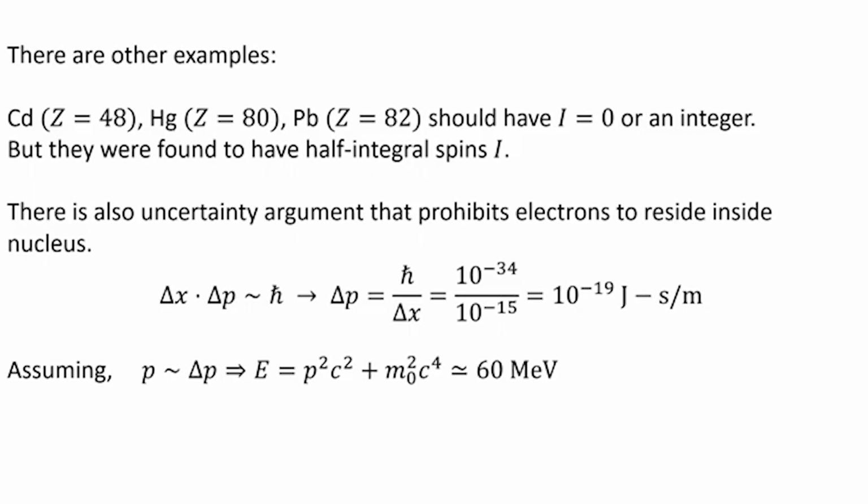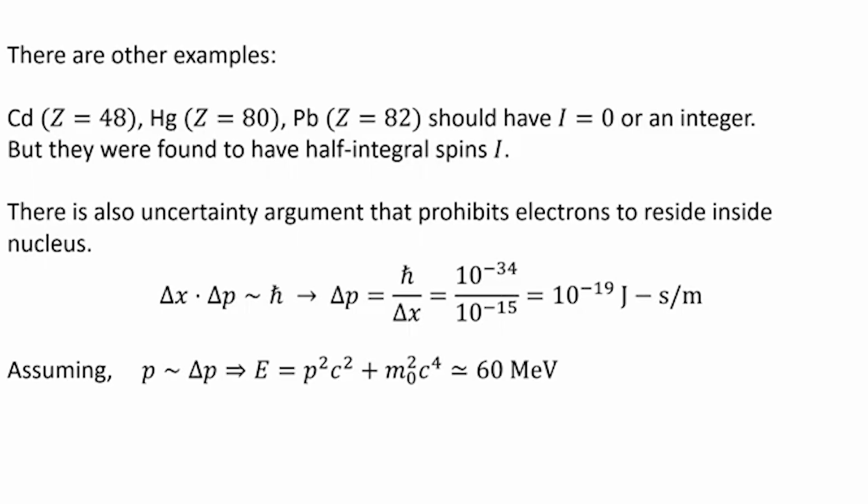H cross is 10 to the power minus 34 joule second. We are only taking the order of magnitude. There are some numbers in front of this 10 to the power minus 34, and the nuclear radius is 10 to the power minus 15, that's 1 Fermi meter.